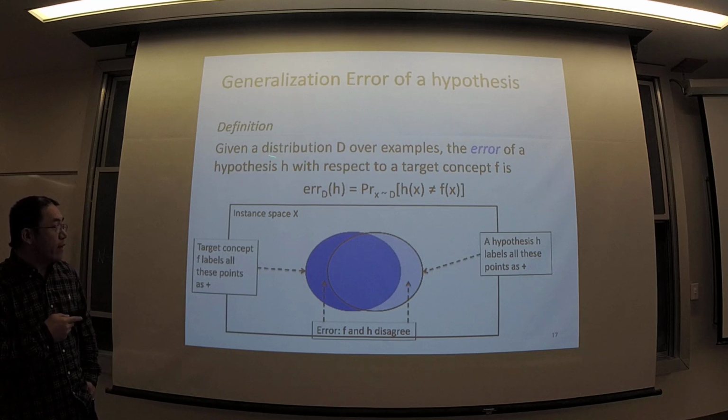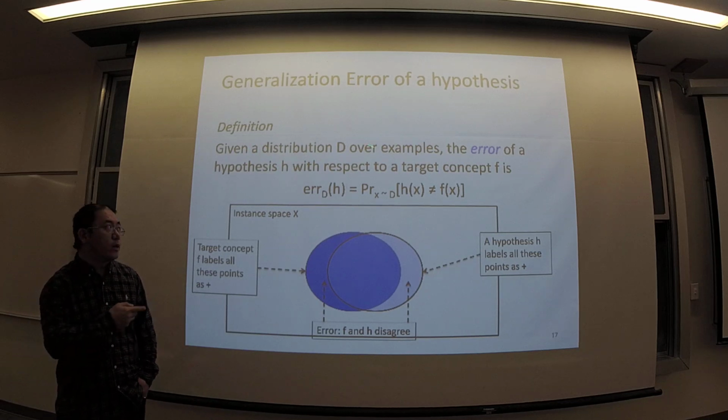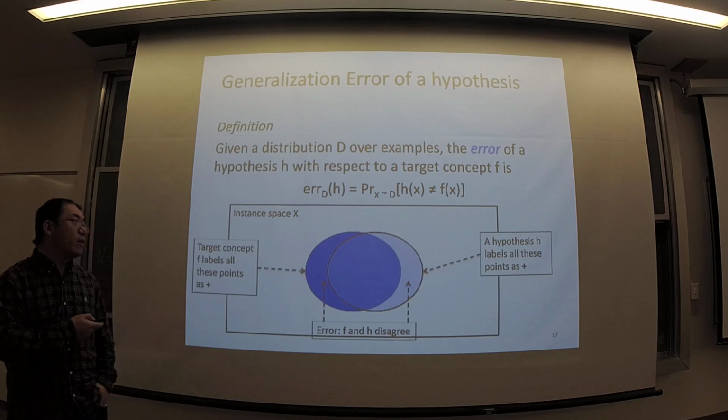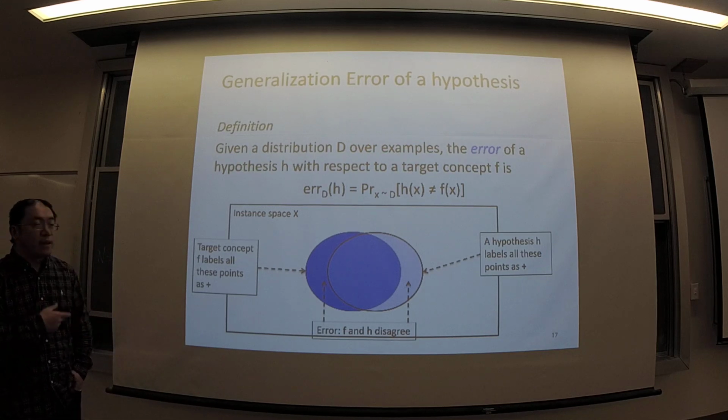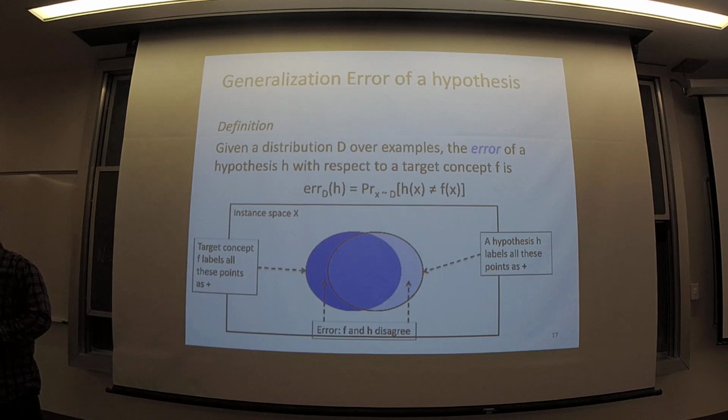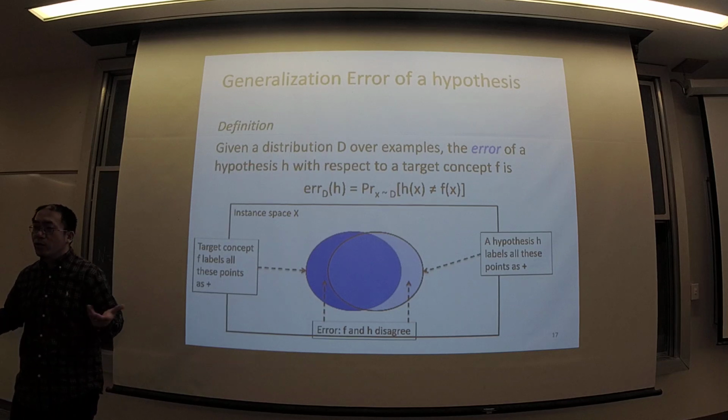And only when we assume that there is a distribution D over the examples in the whole instance space can we define the error of a hypothesis. Here, hypothesis means the outcome of your machine learning algorithm. If you use decision trees, the hypothesis could be the decision tree constructed from your ID3, right?